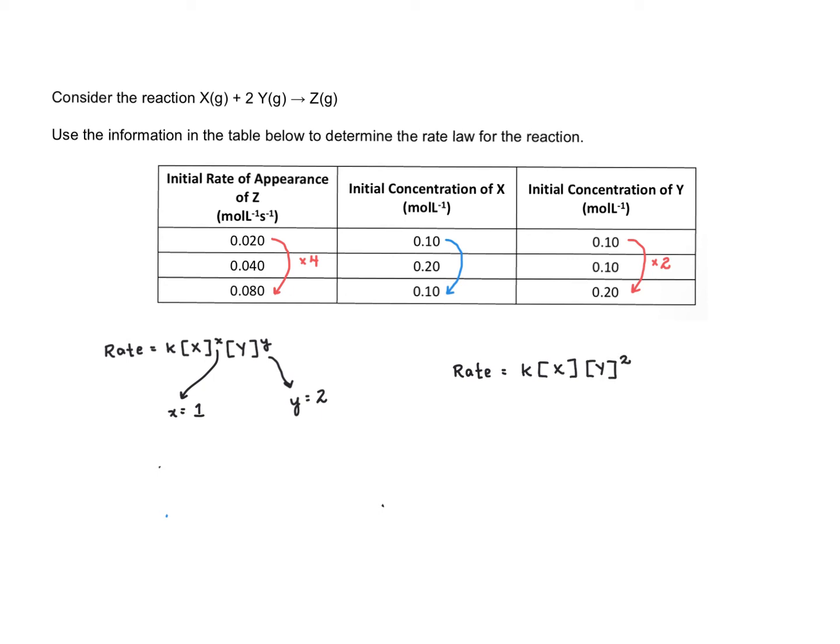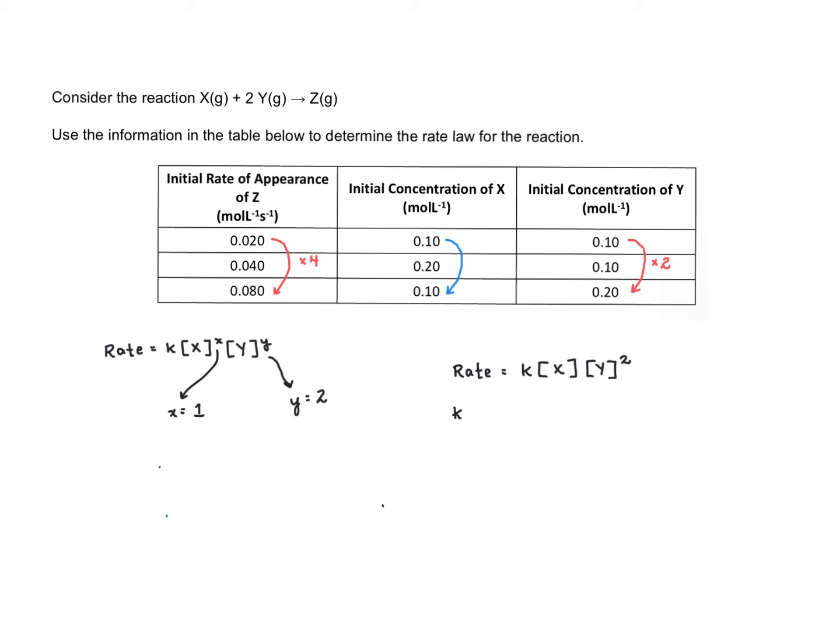And the last thing we want to do is to solve for the value of k for our rate constant. So we can pick any trial, substitute in the numbers from that trial for the rate and our concentrations, and solve for k. So I'm going to pick trial 1.